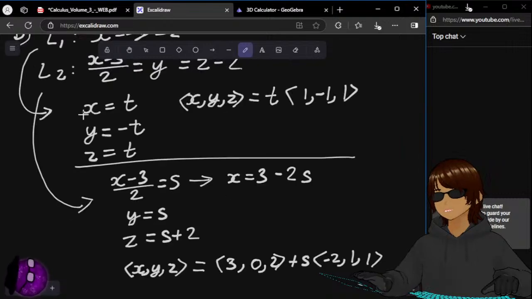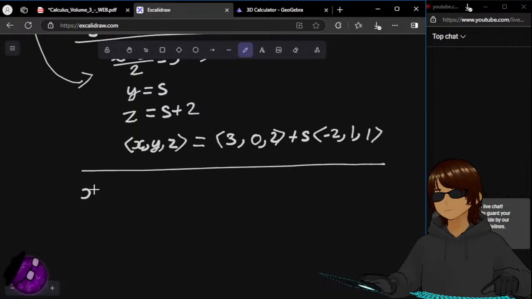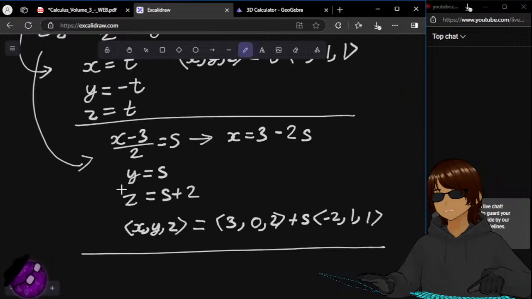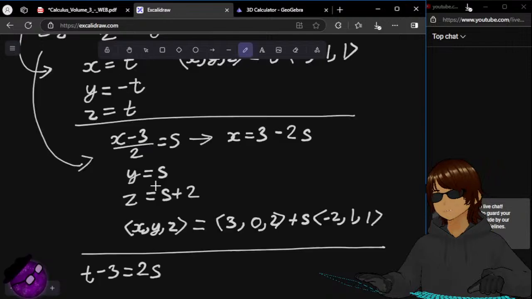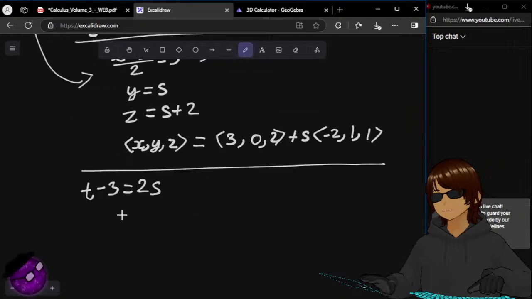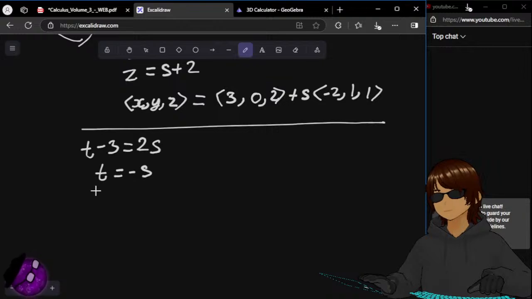So do you have a case where x is equal to... actually, let's just substitute t into these values. So (t minus 3)/(-2) is s, or t minus 3 is minus 2s, then minus t is s, or t is minus s, and then t is s plus 2. So t minus 2 is s.